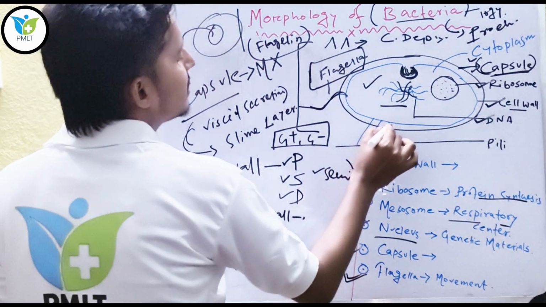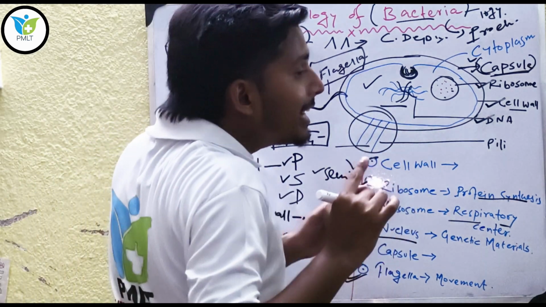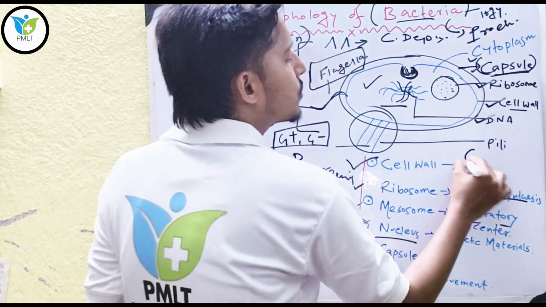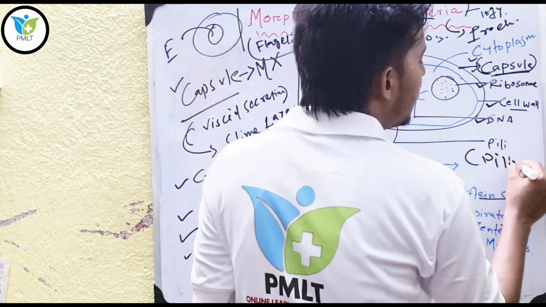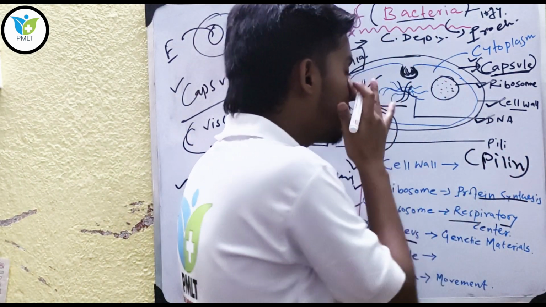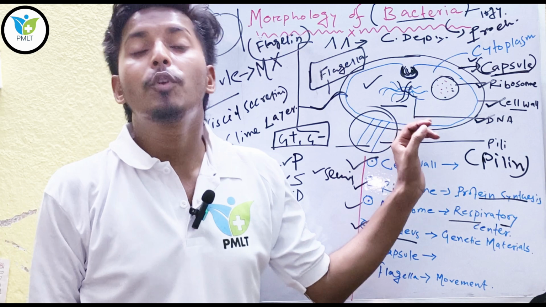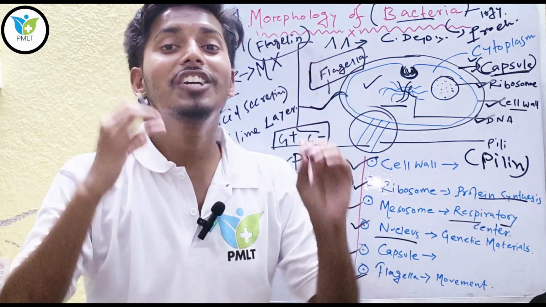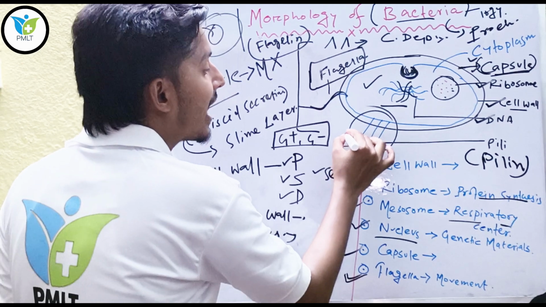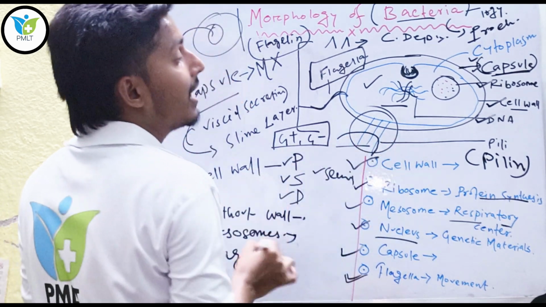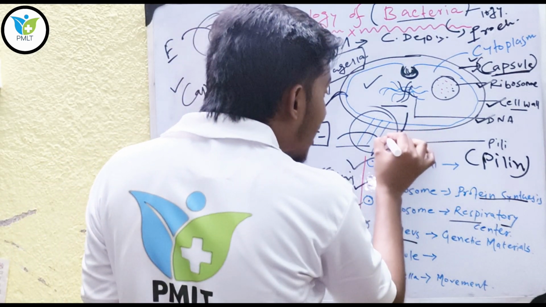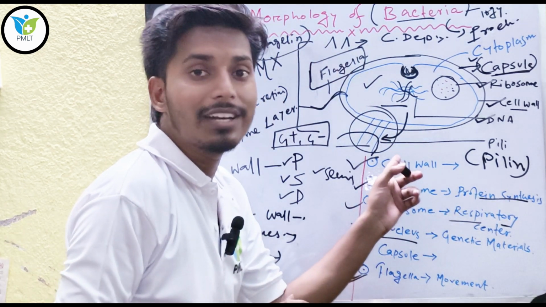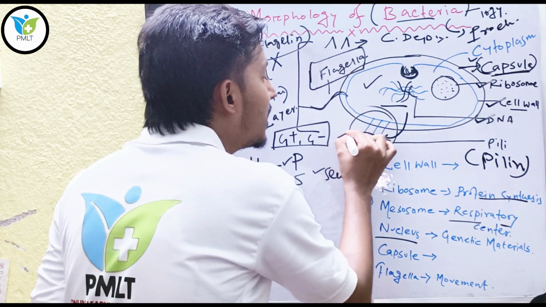And last but not least, that is the pili. Pili is also one type of thread-like structure, and pili is composed of pilin protein. This pilin protein or pili basically helps conjugation. Conjugation means whenever a bacterium is attached to another bacterium, they transport genetic materials, so the pili are required.